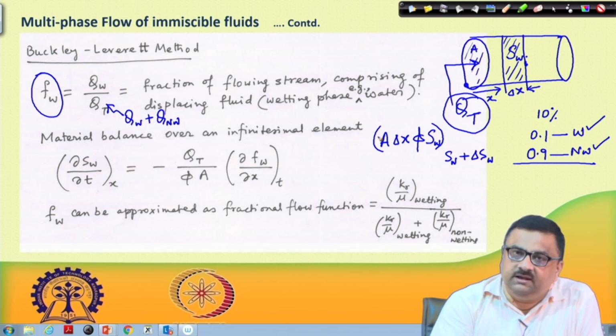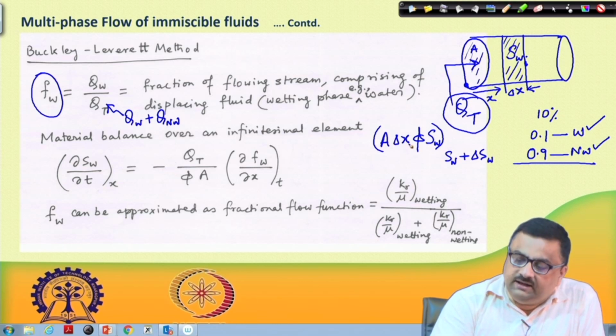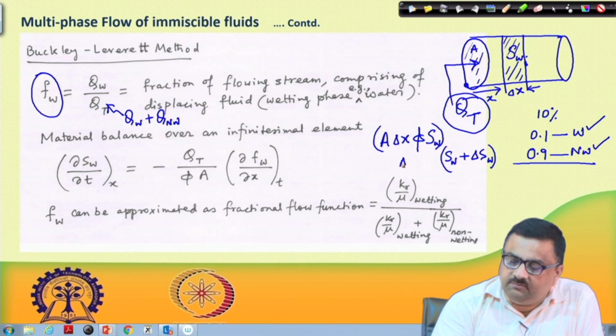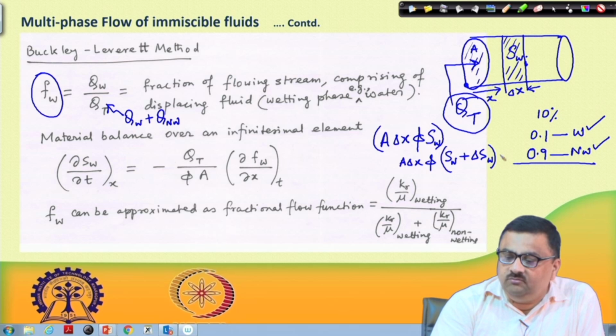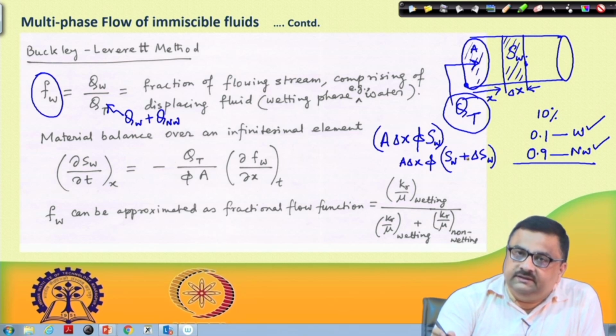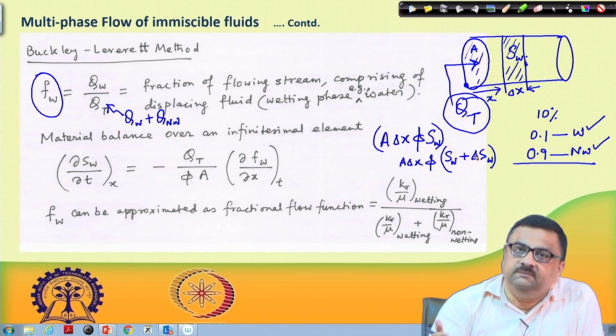So, this gives me the volume of wetting phase in this differential element, and here, this gives me what? SW plus delta SW, multiplied by A delta x into phi. This gives me the volume of this wetting phase after t plus delta t time.